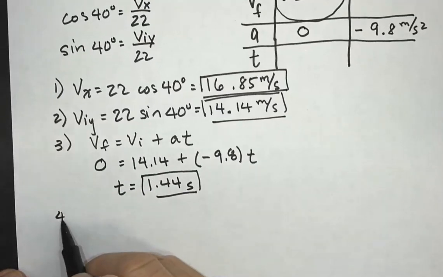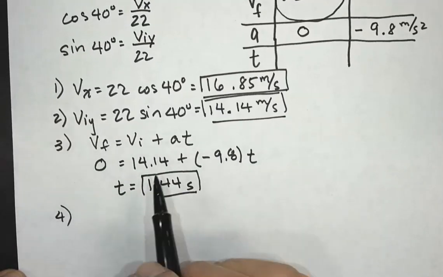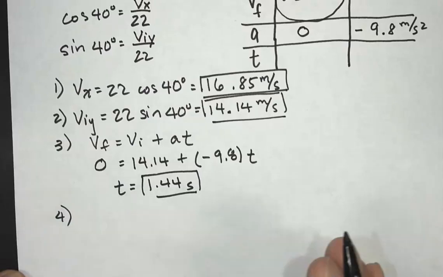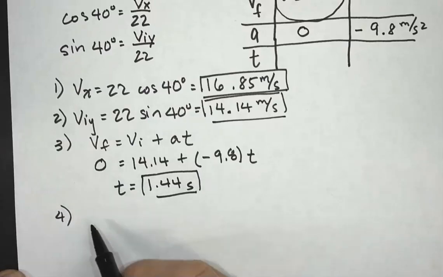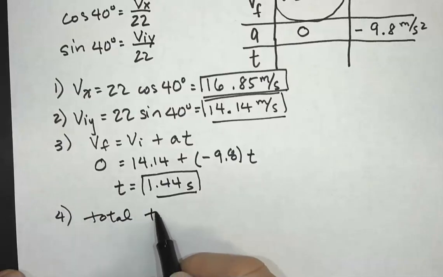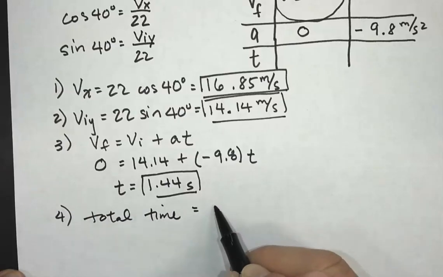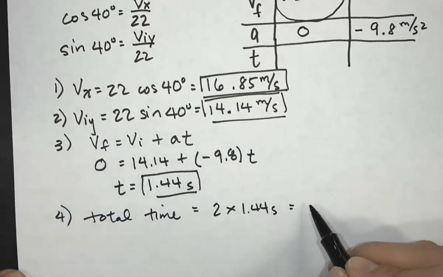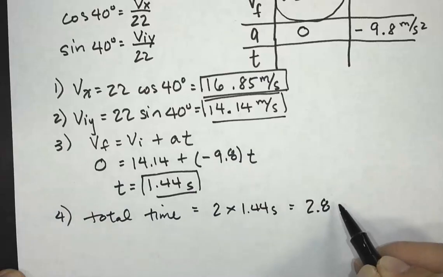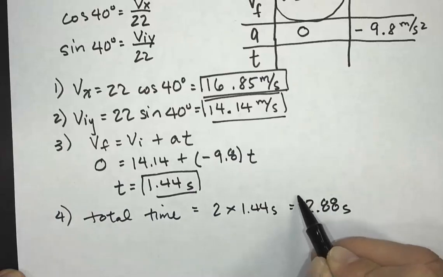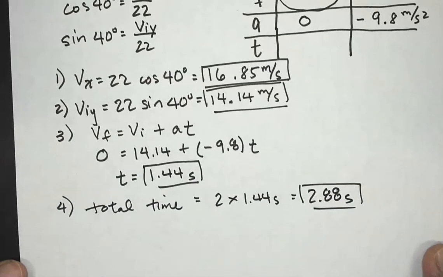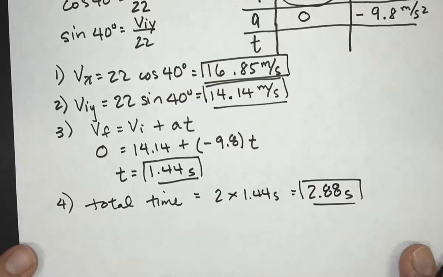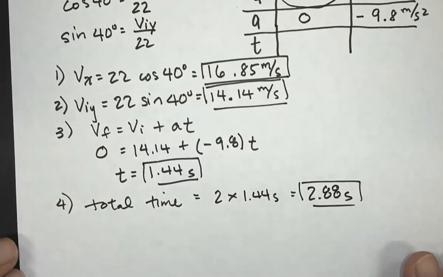That's to reach the peak, and that's going to be halfway on its trip, and then now it's coming back down. So the total time is going to be 2 times 1.44 seconds, which is 2.88 seconds.